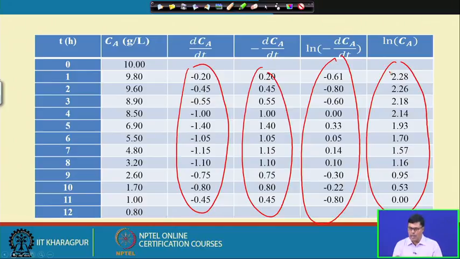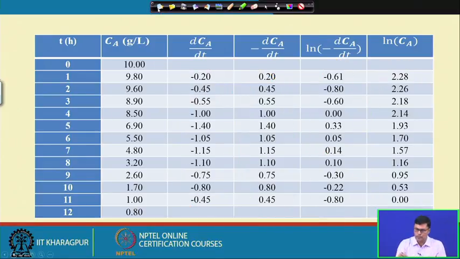In that case, if we have these log values, then you don't have to use the log graph paper. Normal graph paper will work. If you have normal graph paper, what you call centimeter graph paper, you just put the values and that will give you the slope.